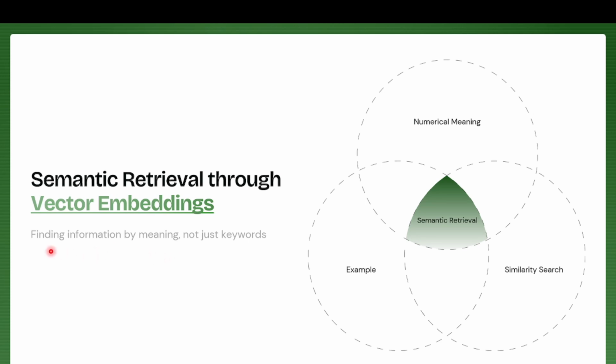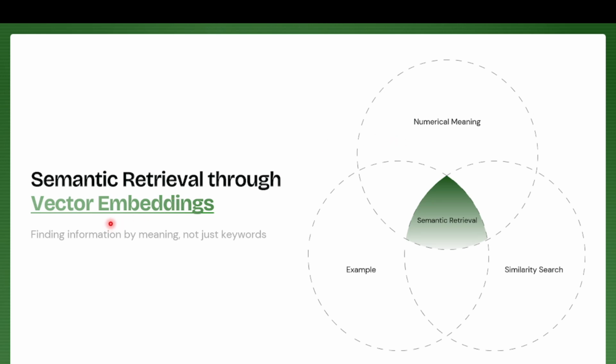But to find meaningful, correct and accurate information that is relevant to the system, you can use semantic search. So semantic retrieval uses vector embedding. It uses vector distance or Euclidean distance to retrieve information instead of just retrieving based on keyword. And to do that, we have numerical meaning.